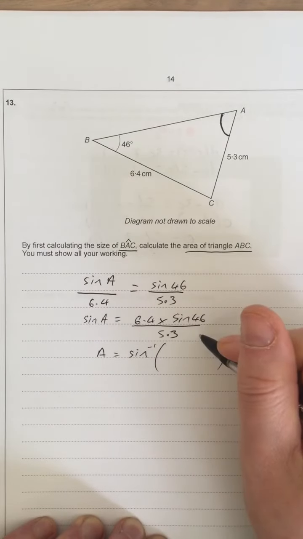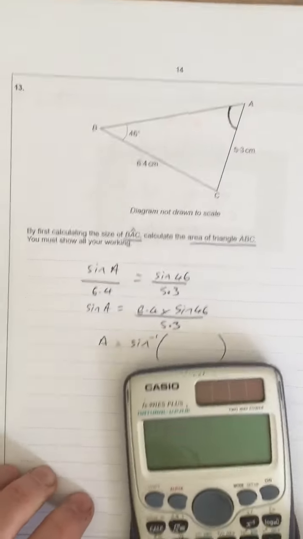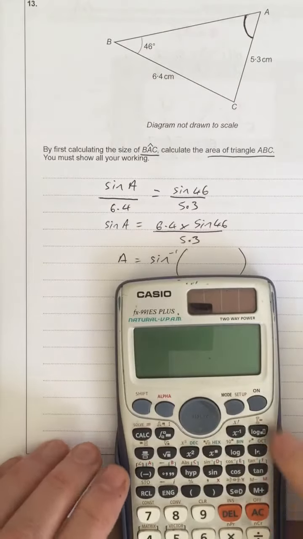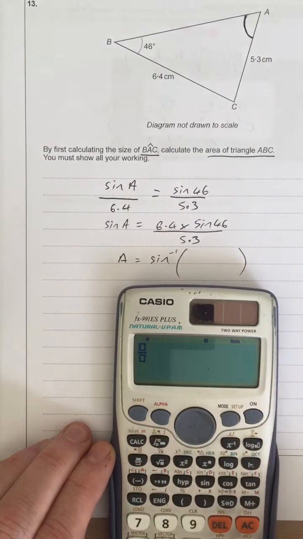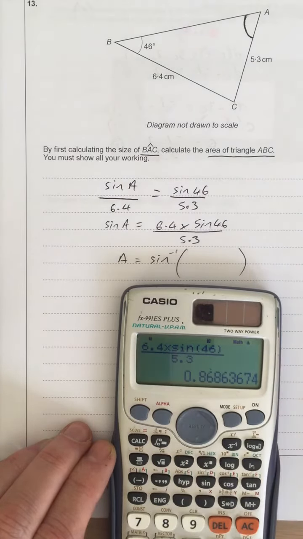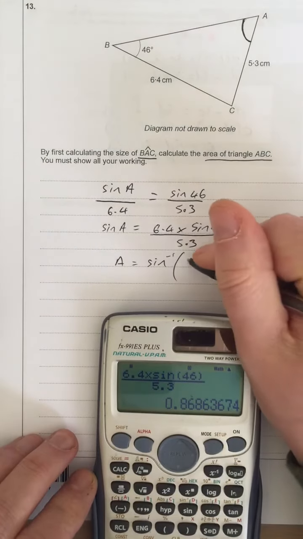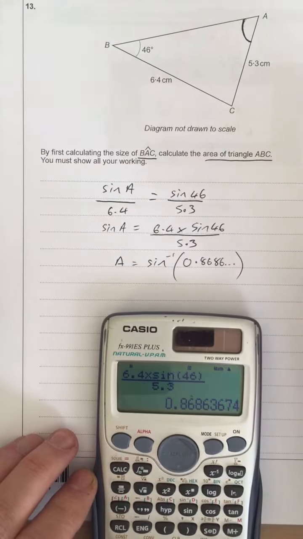of all of that. Okay, so what we do on our calculator, let's work that part out. Okay, so 6.4 times sine 46 all over 5.3, okay, which is 0.8686, etc. Don't need to write it all down.